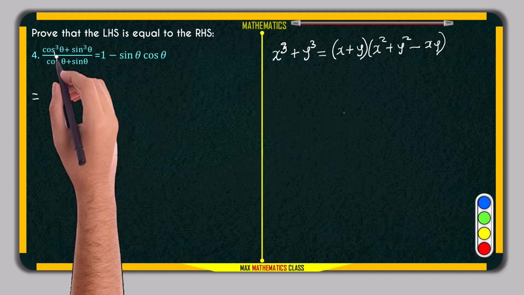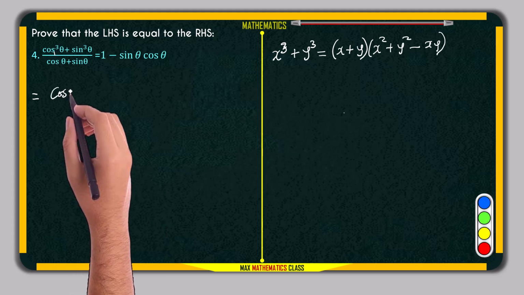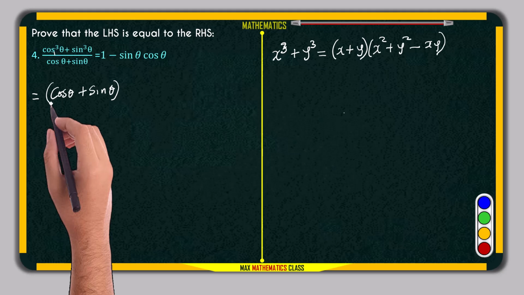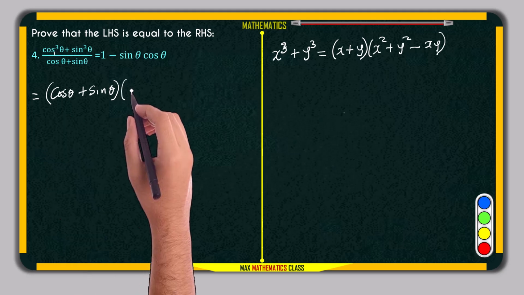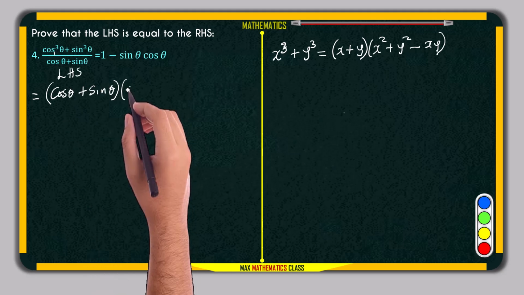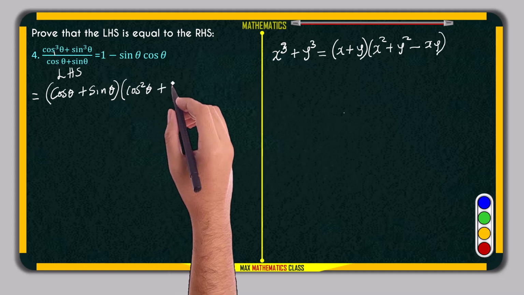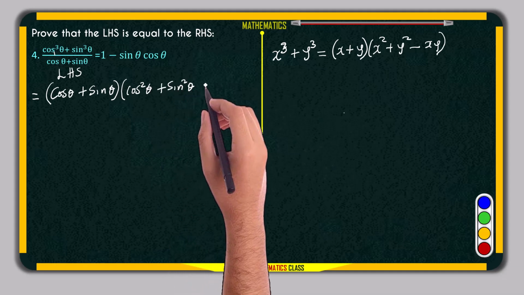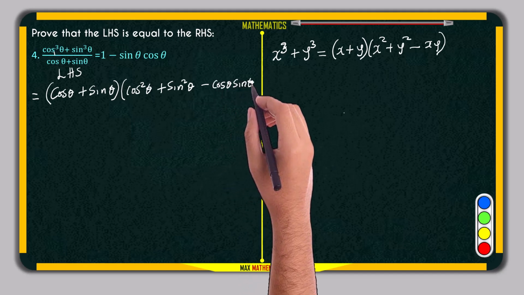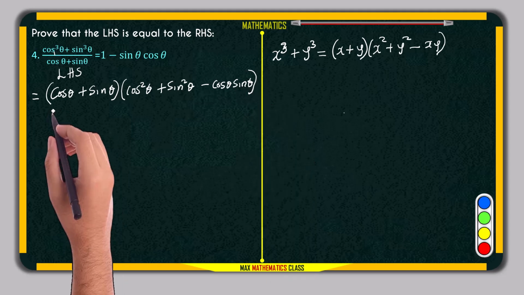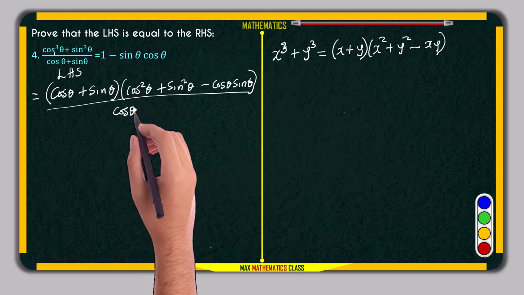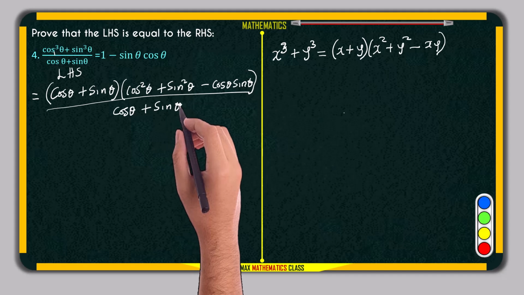So this value now we can write as cos theta plus sine theta, taking the left hand side, times cos square theta plus sine square theta minus cos theta sine theta in bracket, all over cos theta plus sine theta.